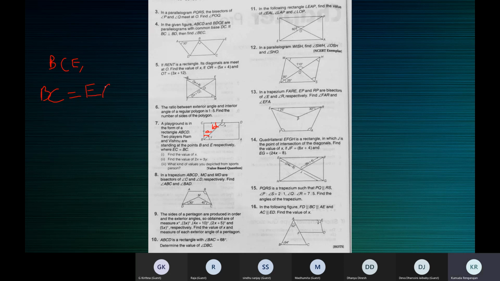Therefore, because BC is equal to EC, this implies angle A is equal to angle B. You can just write is equal to 45. Angle A is equal to angle B is equal to 45 because angle C is already 90. So A plus B, the sum of these two, is 90 and they're equal, so it will be 45 degrees each.